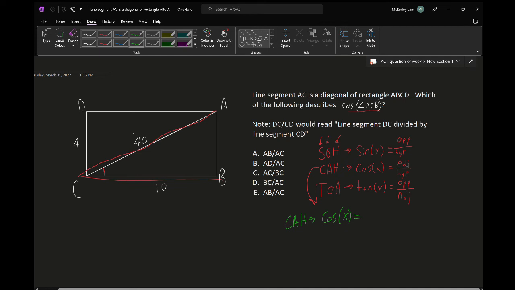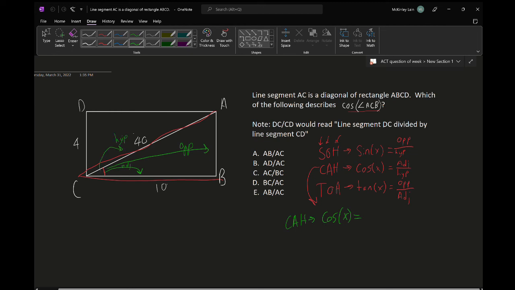And CAH, we're going to do adjacent over hypotenuse. So we look over here at our triangle that we made out of the rectangle. And this is my adjacent side. This is my opposite side. And then the longest side is my hypotenuse.